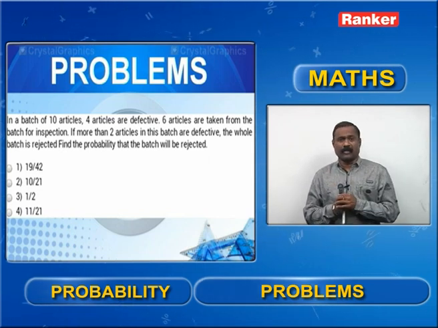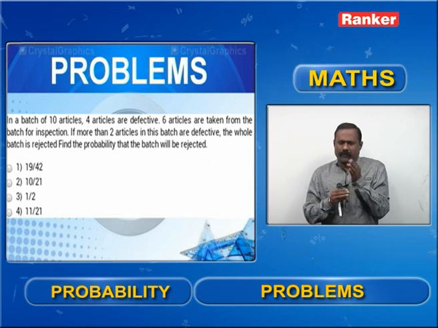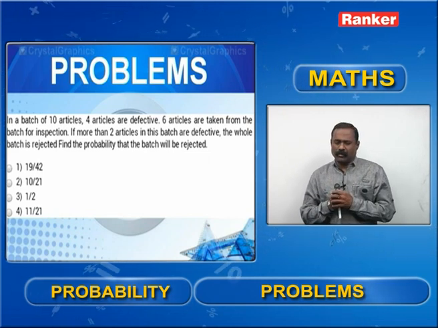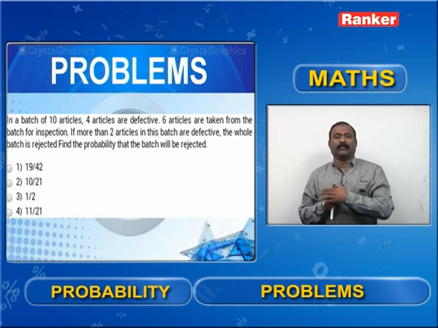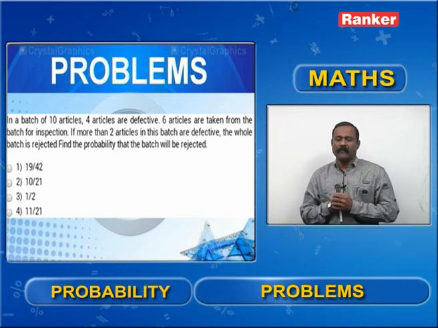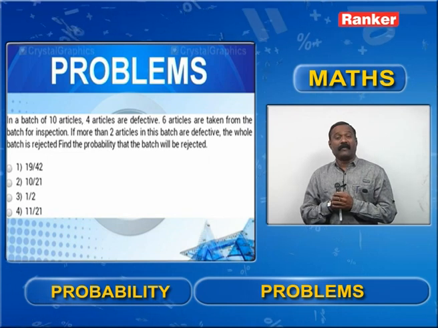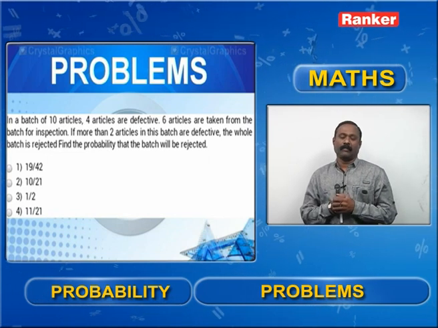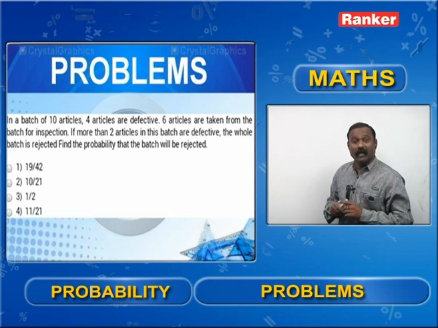If 6 are chosen, if more than 2 articles in the batch are defective, not 2, then the whole batch is rejected. Then find the probability that the batch will be rejected.